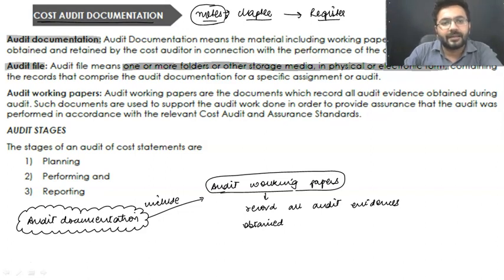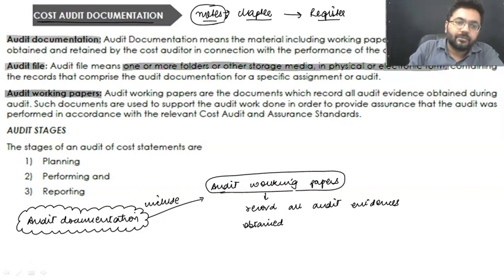Right? So do remember, audit file is a part of audit documentation, and audit working papers are again a part of audit documentation. Audit documentation means every kind of material which is associated with audit only.